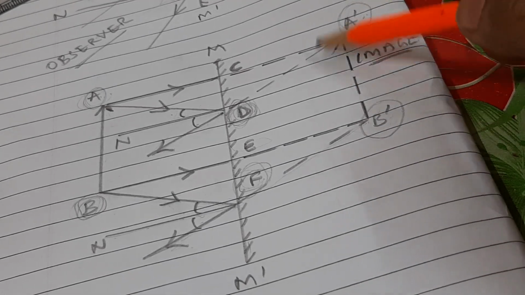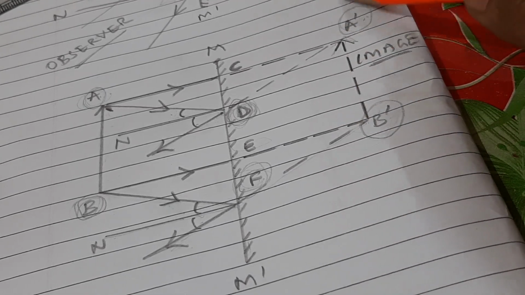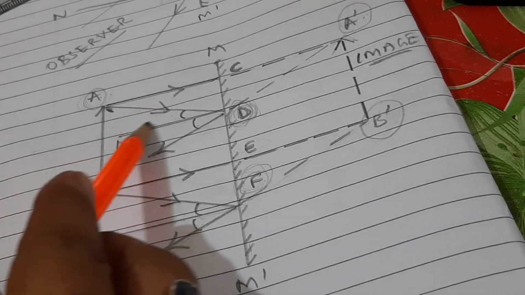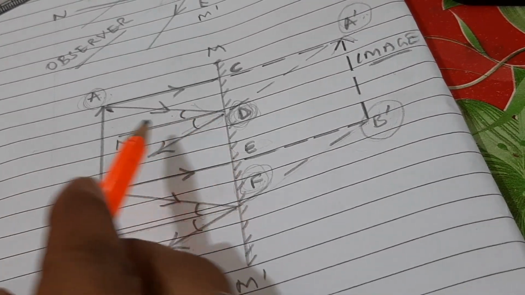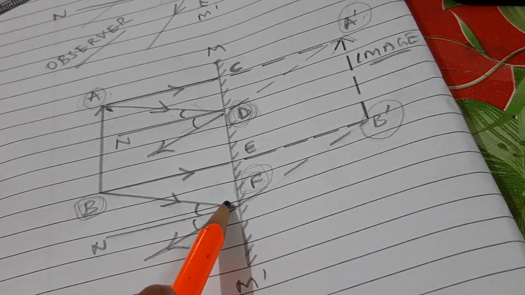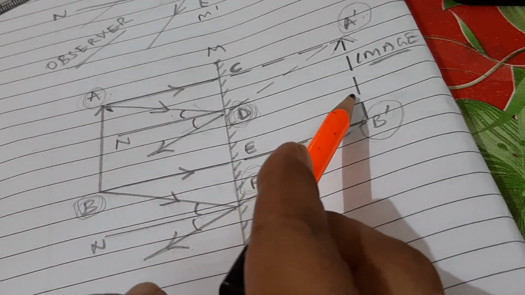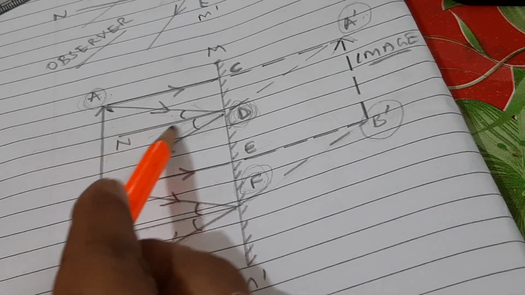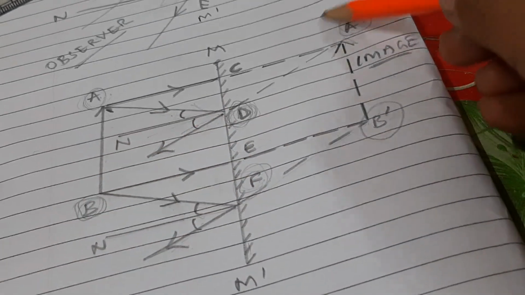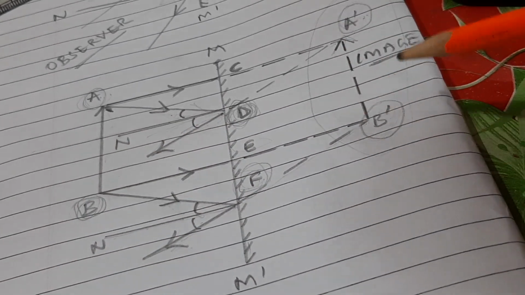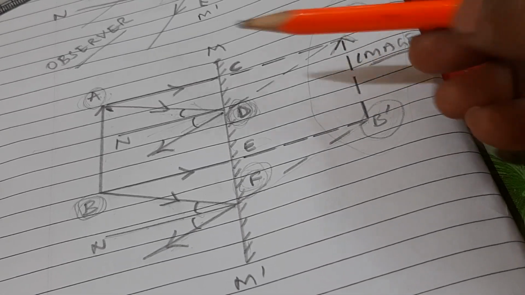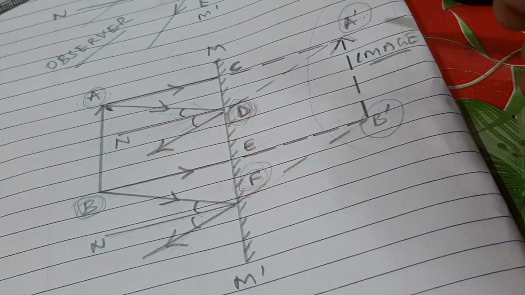We have seen previously that this image, which is formed towards the back side of the mirror, can be seen only by looking into the mirror. This is the reflecting surface of the mirror. So if we have to see this image, we have to look into the mirror from this side. So this image is called a virtual image. Now we see that this image has its arrowhead going upwards, which is similar to the extended object.